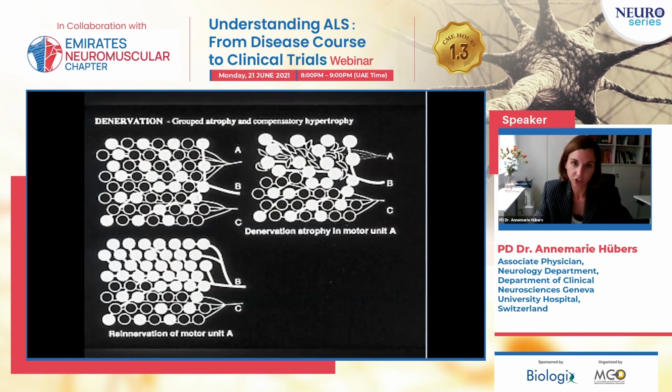So there's denervation and atrophy, for example, in this motor unit A, and after a couple of weeks or months, the neighboring axon may partially take over the functioning of the degenerated axon via so-called collateral sprouting.